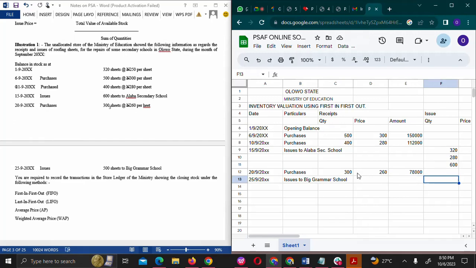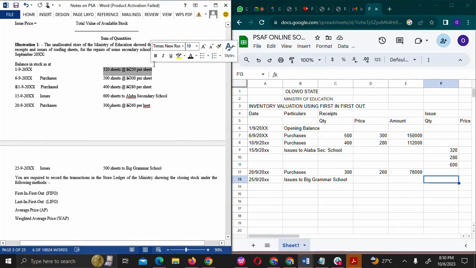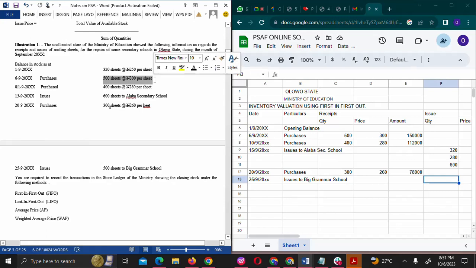So the total number of units they are issuing is 500 units. Don't forget that this 320 unit that you have is already cancelled out. You don't have anything here left again. Out of this 500, you've issued 280 already. So you have 500 minus 280 left. Does it make sense to you? So it means out of these 500 units that you have, what you'll have left is 220 units.